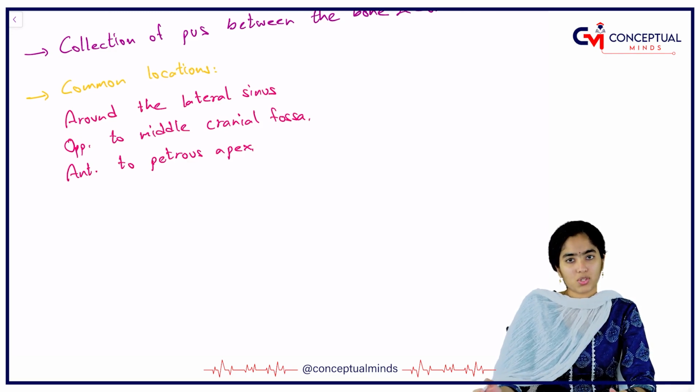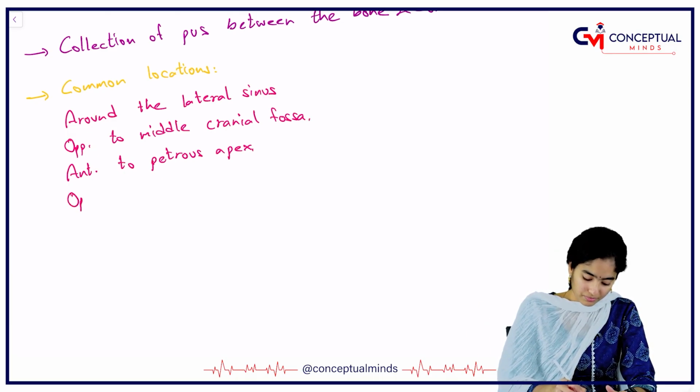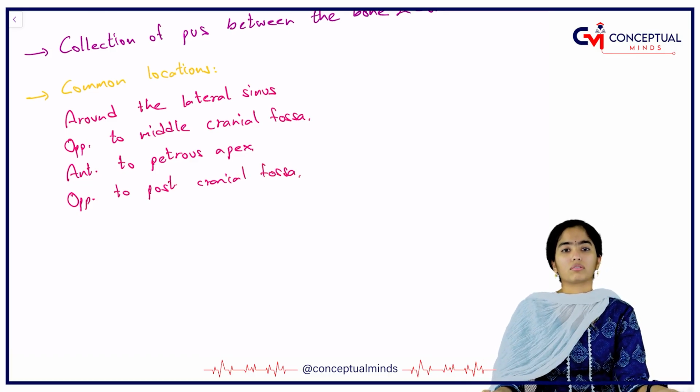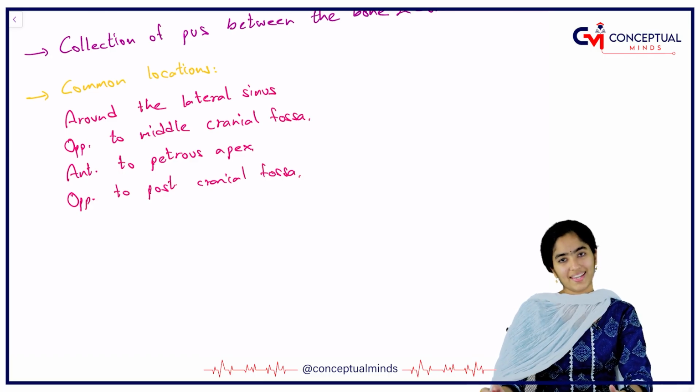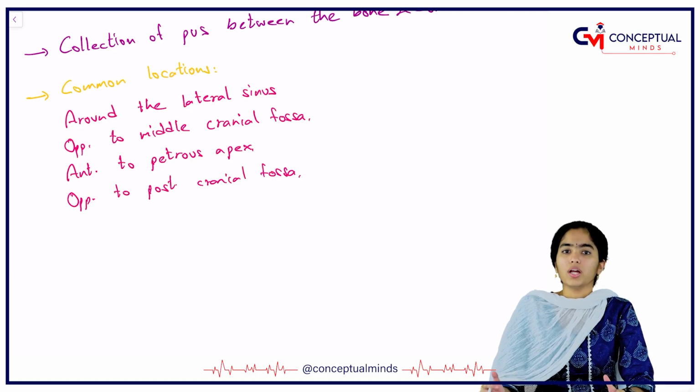When the bone in the Trotman's triangle is destroyed, infection spreads opposite to the posterior cranial fossa. So these are the common routes by which the infection spreads and the list of common locations.